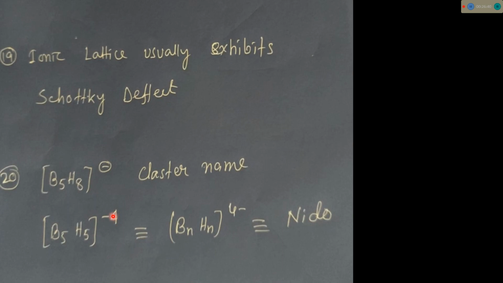So B5H5 4 minus, means BnHn 4 minus. This is nido cluster. We all know BnHn 2 minus closo, BnHn 4 minus nido, BnHn 6 minus arachno, BnHn 8 minus hypho. Closo, nido, arachno, hypho, in this way. So nido is the correct answer.